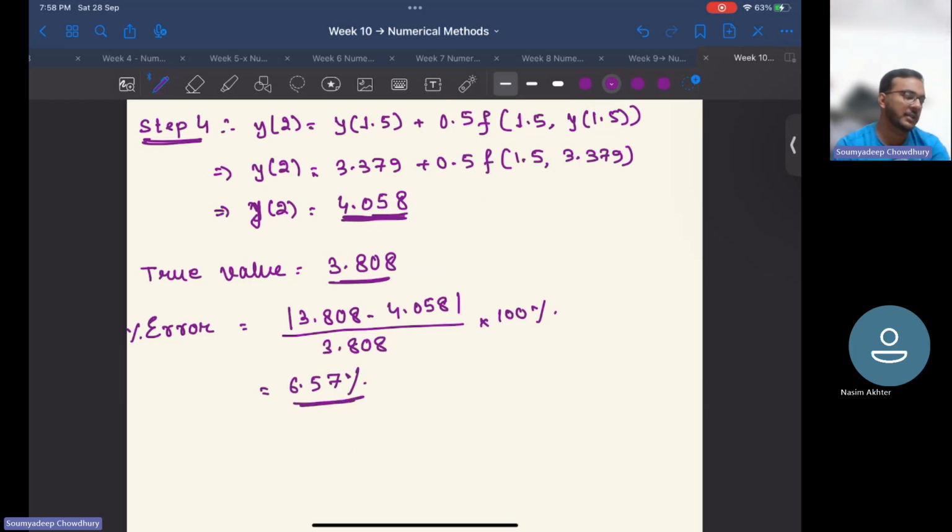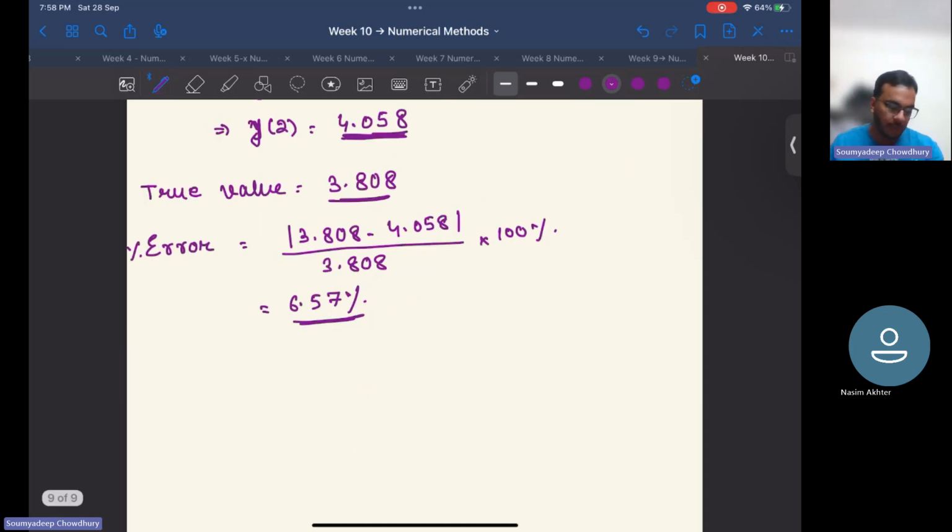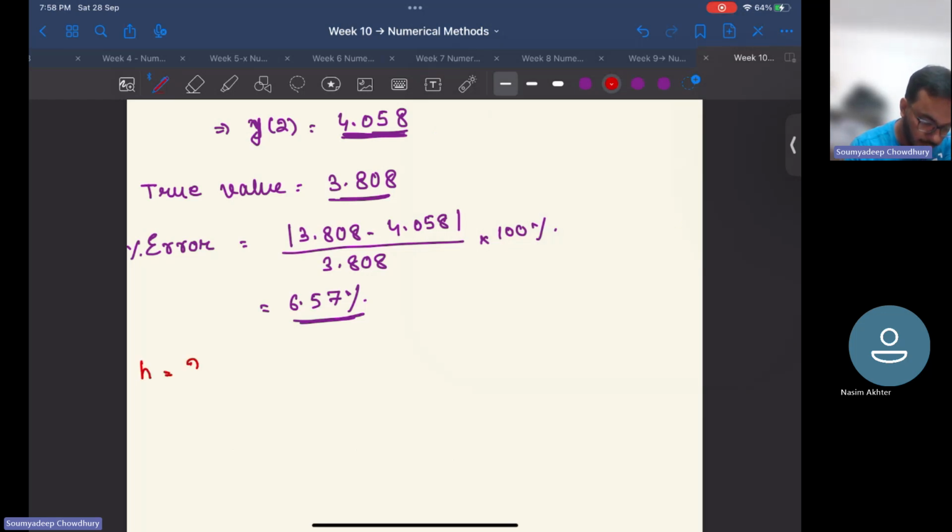So the error is not very small. Since this is Euler's technique, the error quantity is more, but since we have used a comparatively lower value of h, we have got a lesser error. Now we will see what happens if we take h equal to 2.